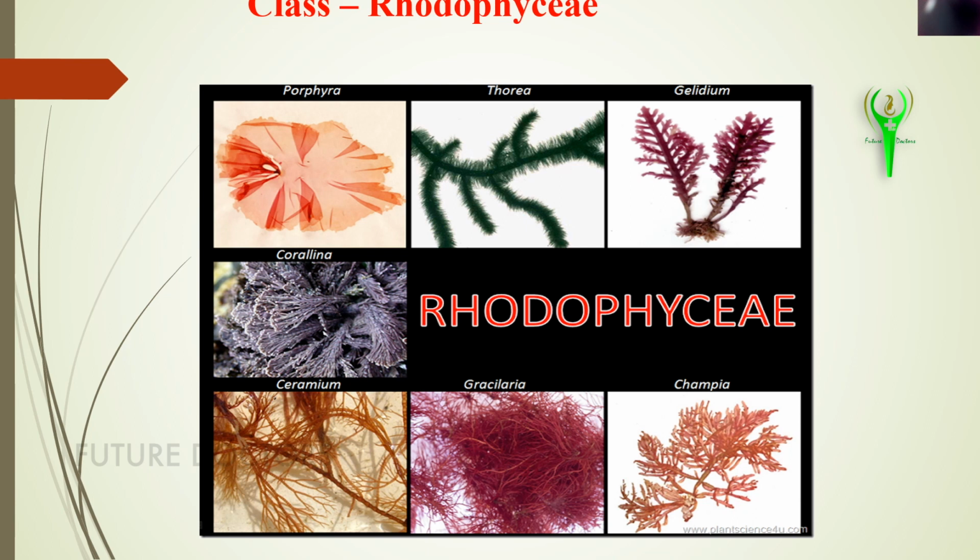They are found in both well-lighted regions close to the surface of water and also at great depths in the ocean where relatively little light penetrates. The red thalli of most of the algae are multicellular, and some of them have complex body organization.